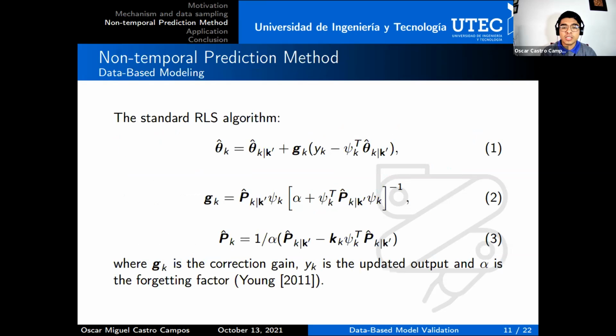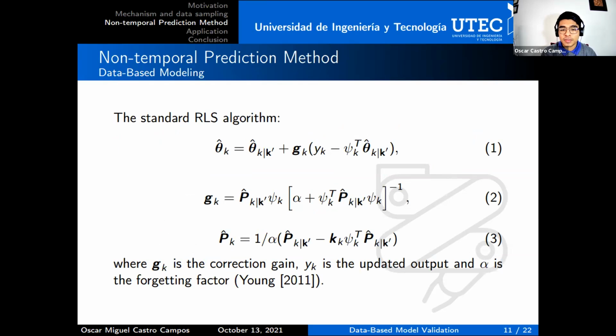So, the non-temporal prediction method is based on the recursive least square algorithm. These are the equations of the recursive least square algorithm, where gk is the correction gain, yk is the data output, and alpha is the forgetting factor.